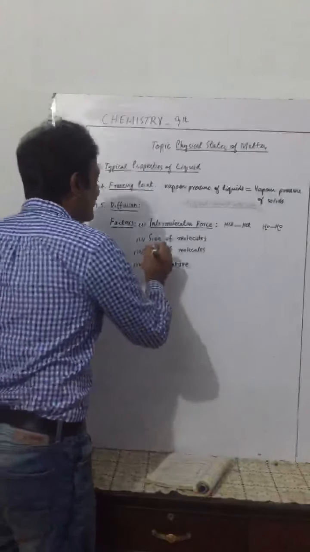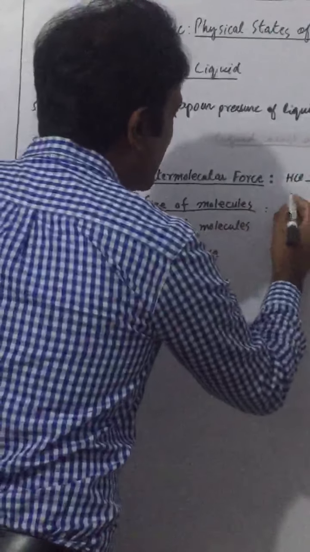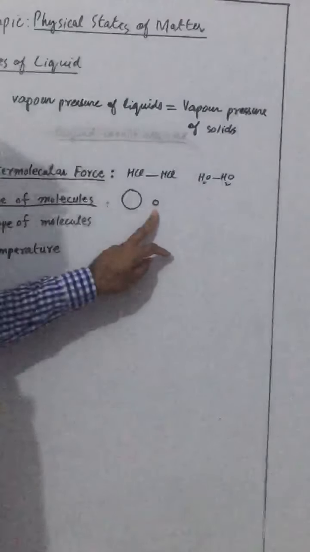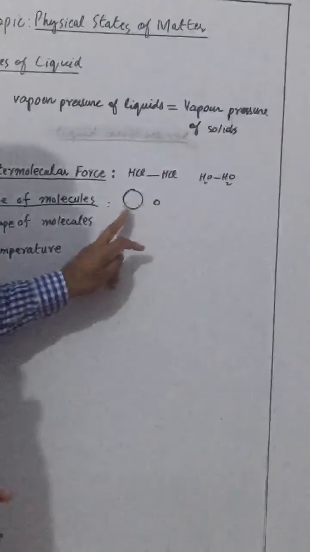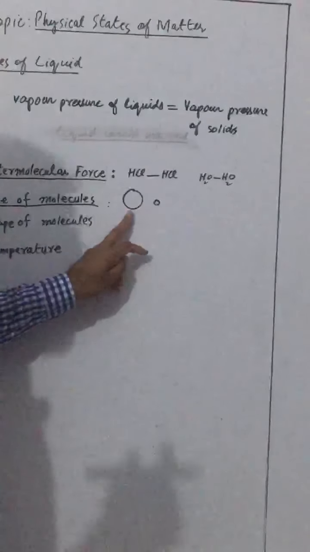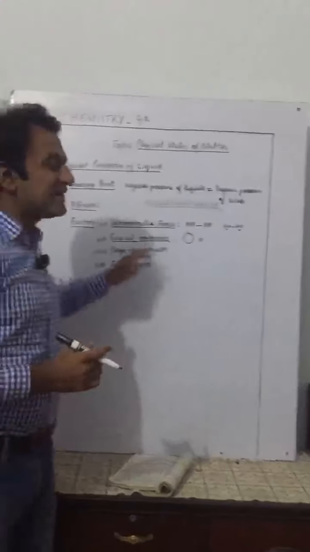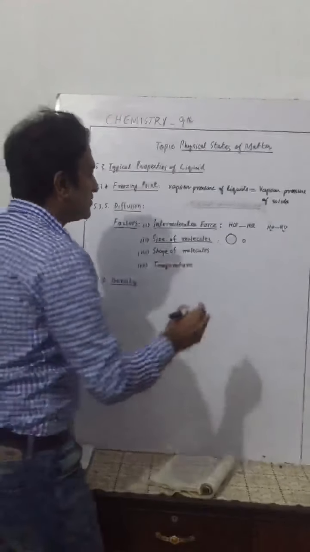And the second factor is size of a molecule. Very obvious that molecules having smaller size will diffuse more quickly as compared to the molecules that are big in size. So this is another factor that affects the rate of diffusion. Then the third one, shape of the molecules.